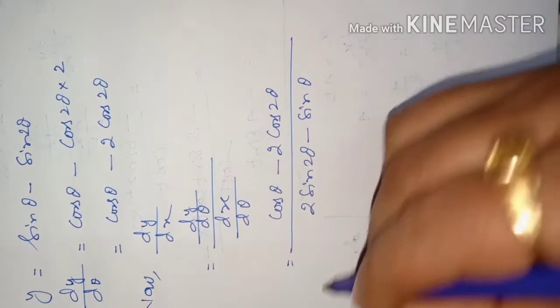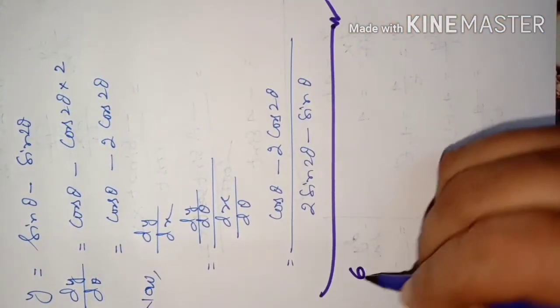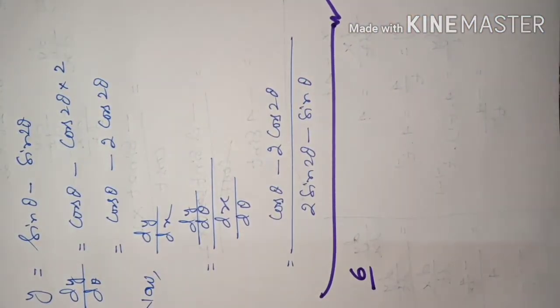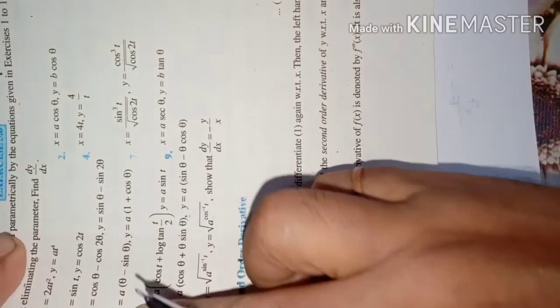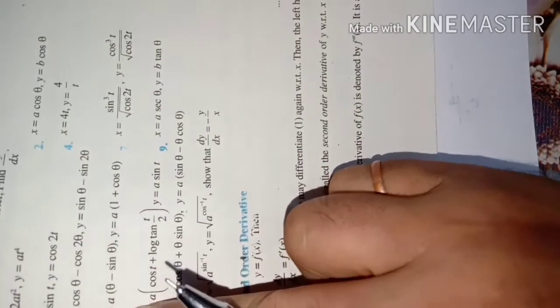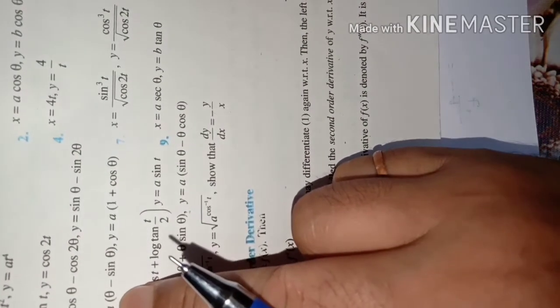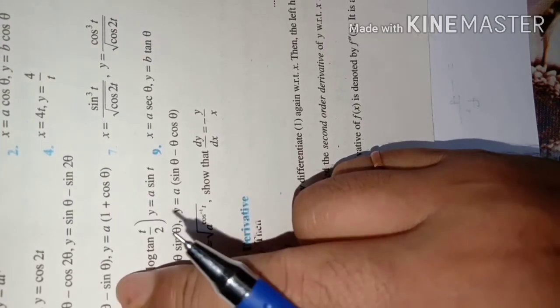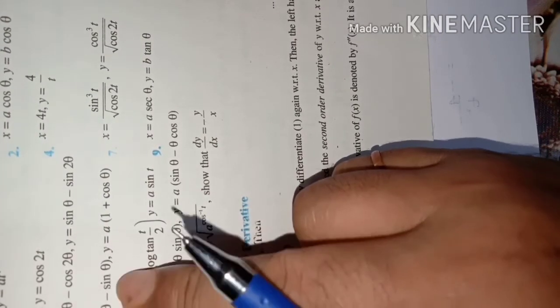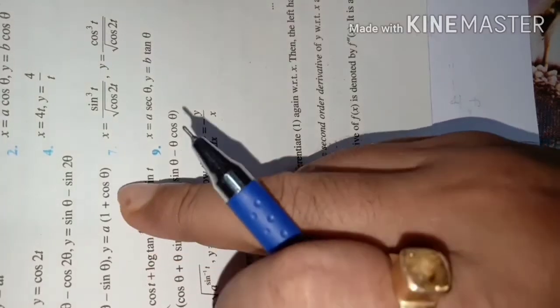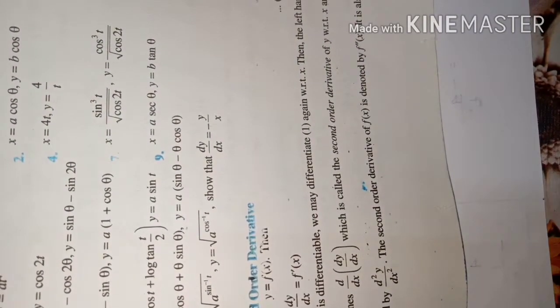Let us go to question number 6 now. Look at question number 6. x equal to a into bracket theta minus sin theta. So it is also in theta only, and y also in theta. So let us find out dx by d theta and dy by d theta.